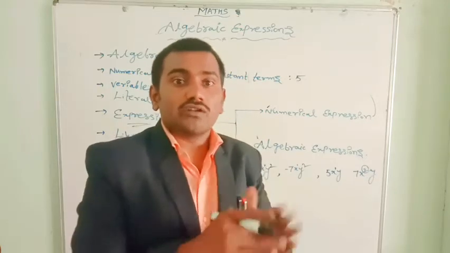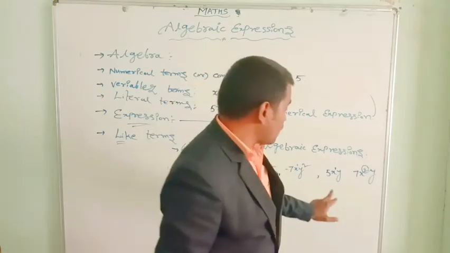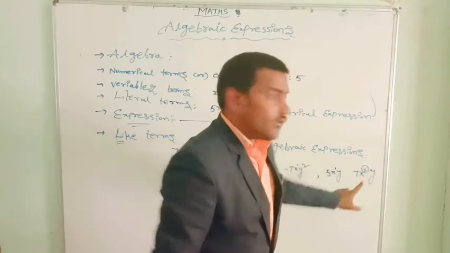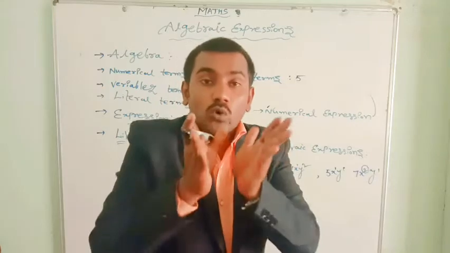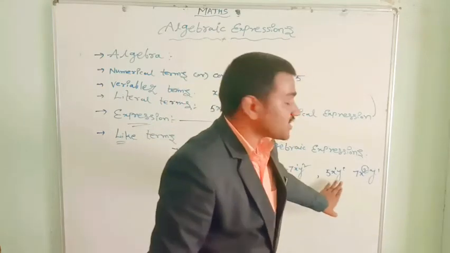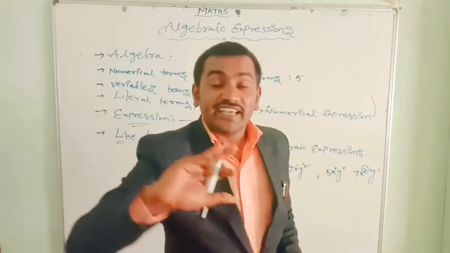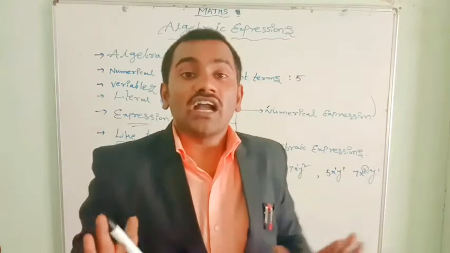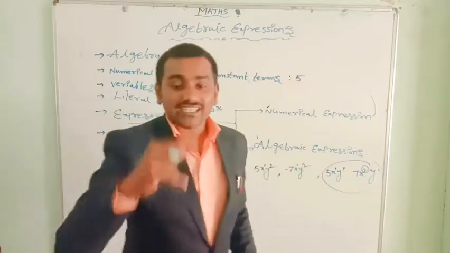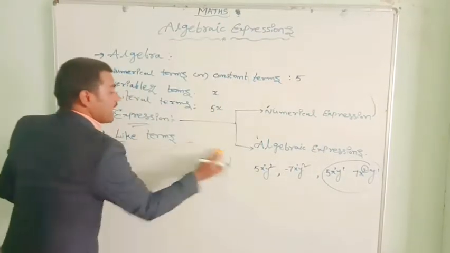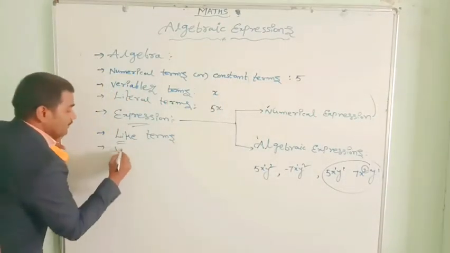We should not worry about the next now; here itself they are not the same. Don't worry about the y. y exponents are the same, but x exponents are different. So 5xy and 7x square y are not like terms. They are known as unlike terms. That is our next one.